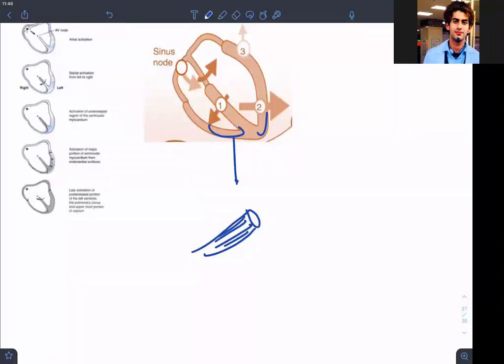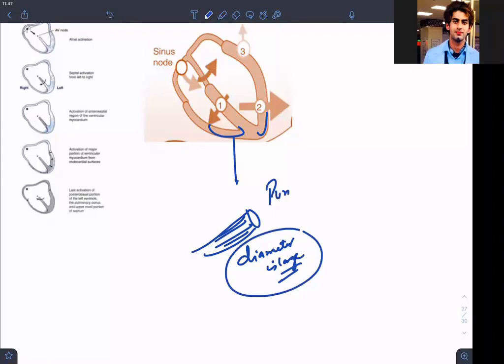I would say the diameter is large. They have a large diameter. I'm talking about Purkinje fibers because we said they are rapid. And do we remember that the slope of depolarization, their slope is very steep?